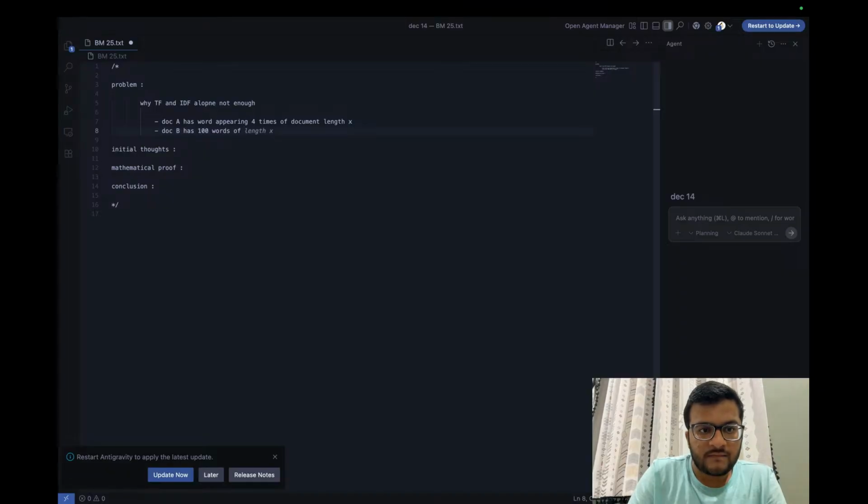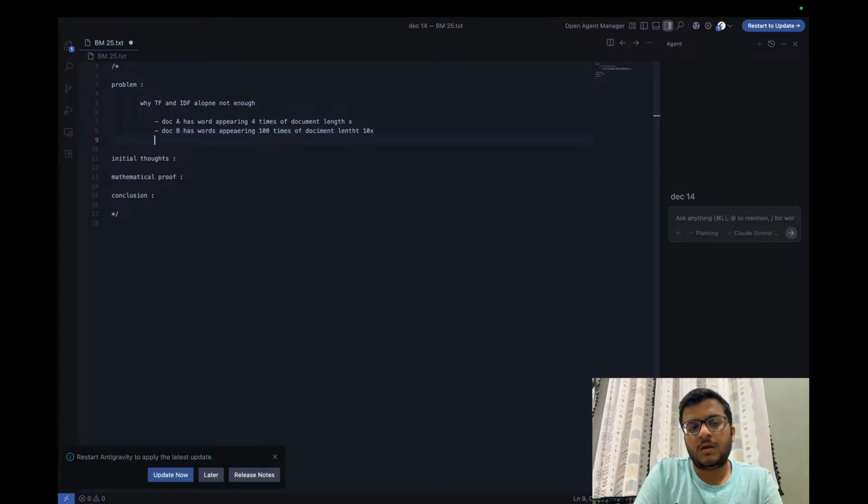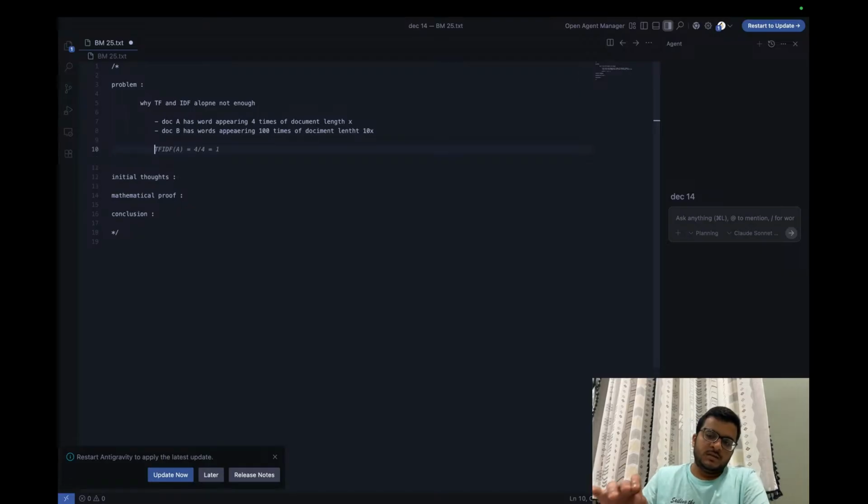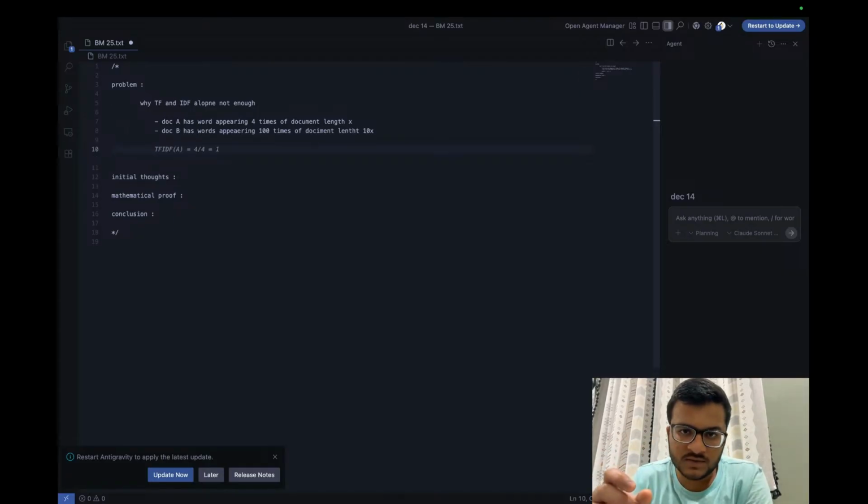Of document length, maybe 10x. So what I mean to say is, you have document A with a word appearing 4 times, and document B with the word appearing 100 times, but with a bigger length.